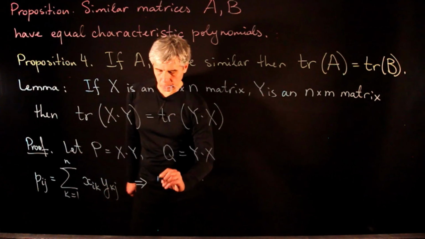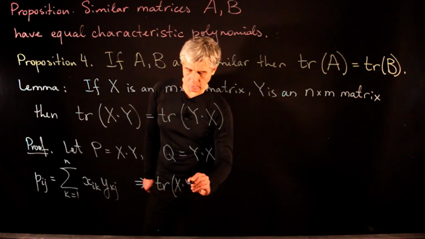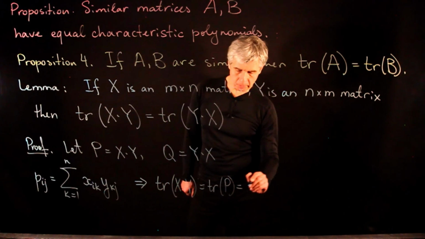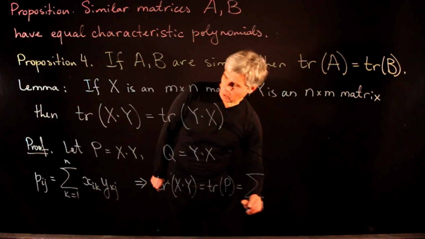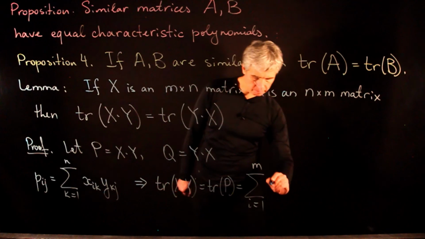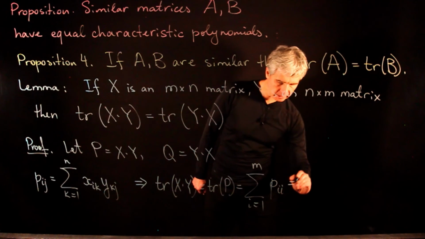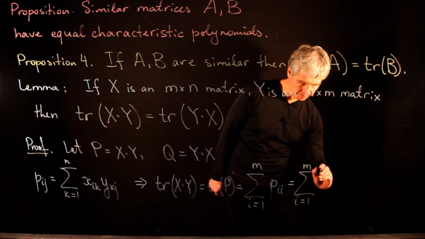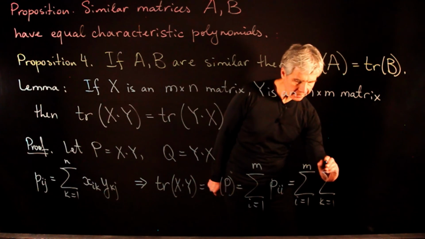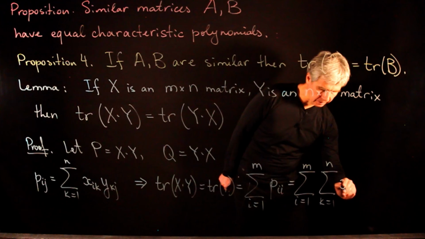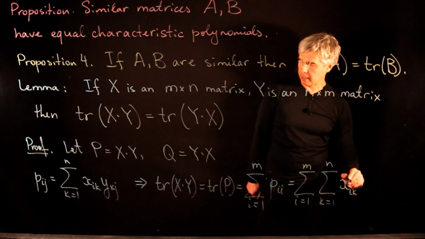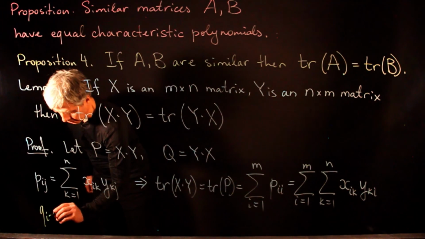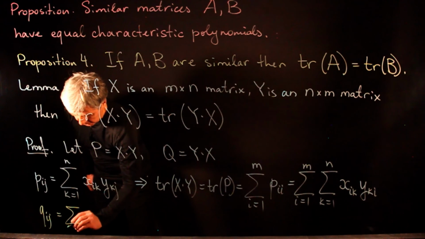And then from here we conclude that the trace of XY, which is the trace of the matrix P, is equal to the sum i goes from 1 to m of P_ii, which is the sum i goes from 1 to m and the sum k goes from 1 to n of x_ik times y_ki.